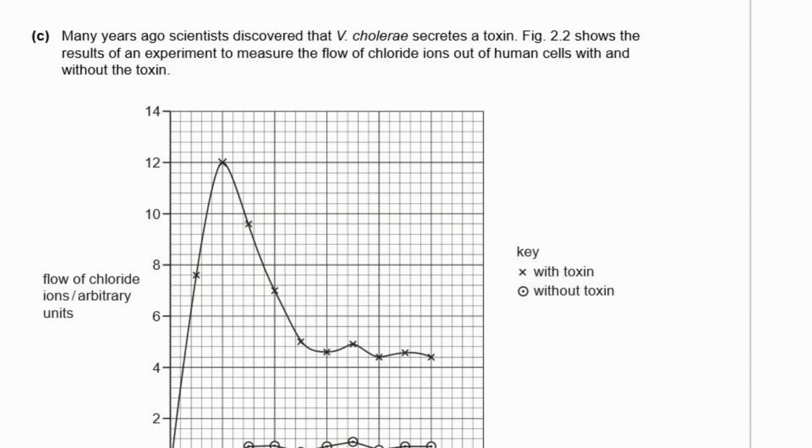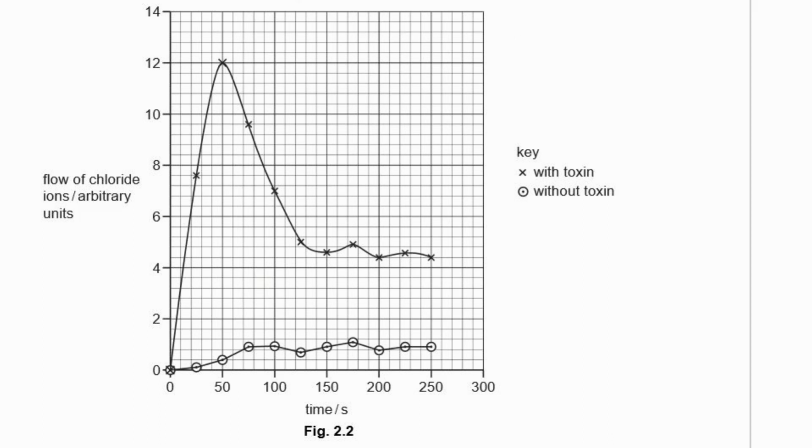C. Many years ago, scientists discovered that V. cholerae secretes a toxin. Figure 2.2 shows the result of an experiment to measure the flow of chloride ions out of human cells with and without the toxin. Okay, so if there is no toxin present, then chloride ions slowly go out of the cell.